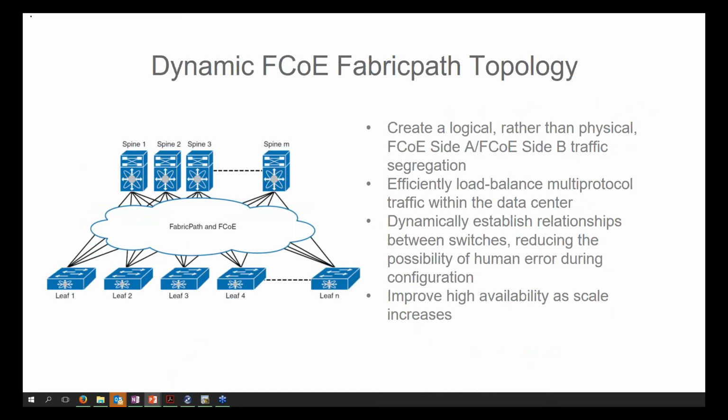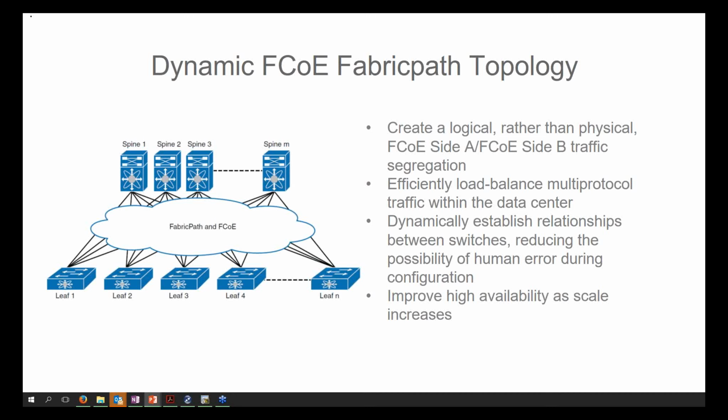You can run dynamic FCoE over FabricPath. With FabricPath, it's going to create a logical rather than a physical SAN A side and SAN B side for traffic segregation. Since it's using FabricPath as its underlying transport, it's going to be able to efficiently load balance multi-protocol traffic throughout the data center.